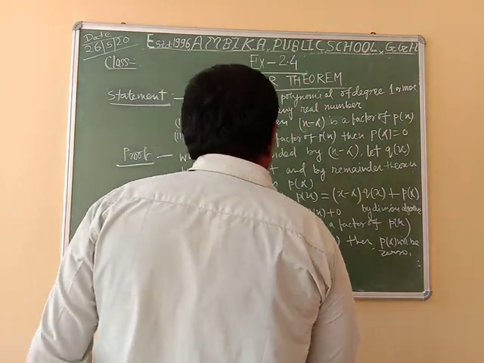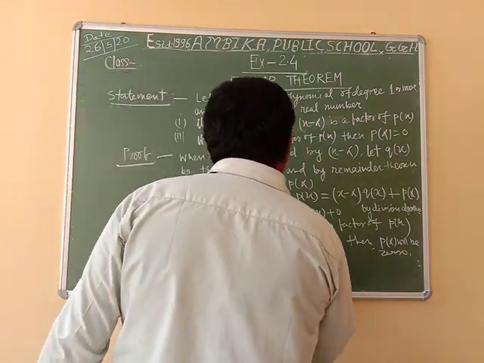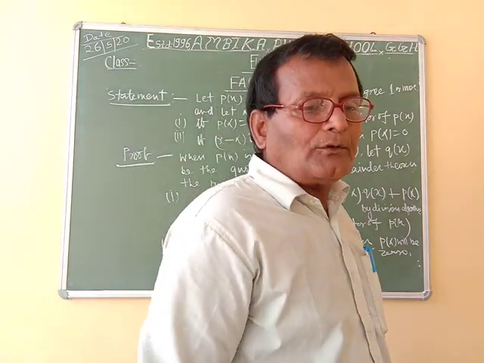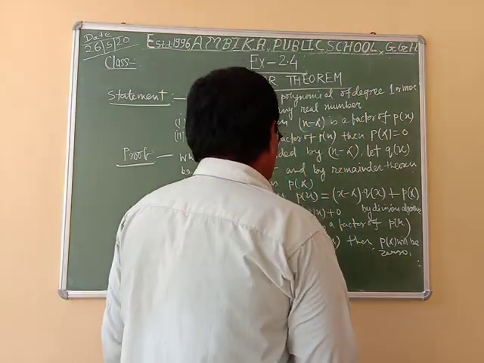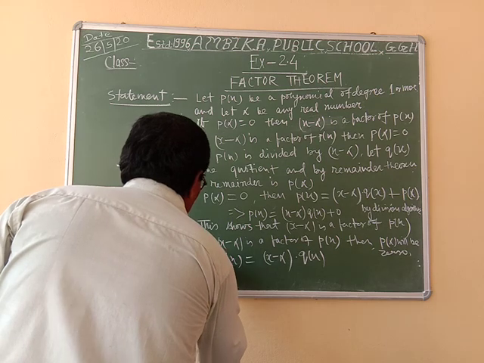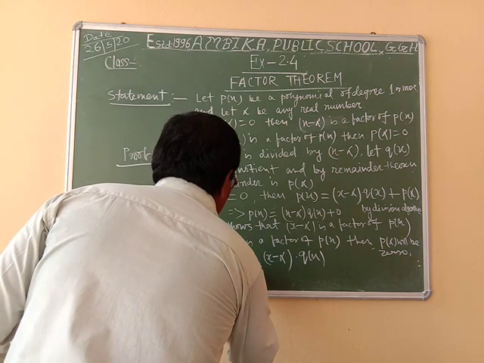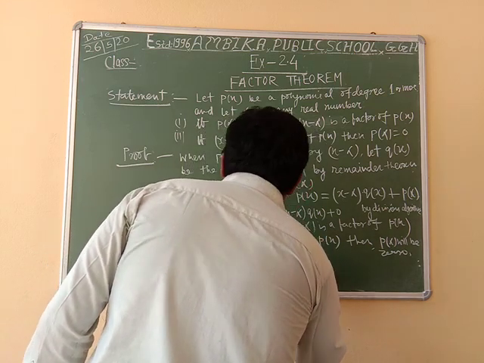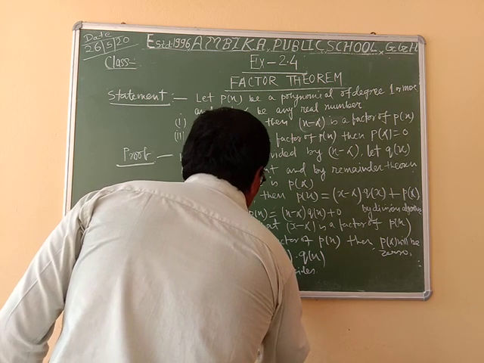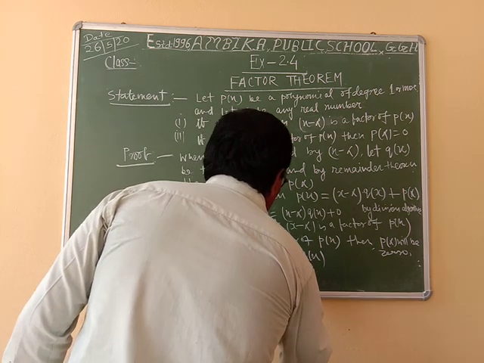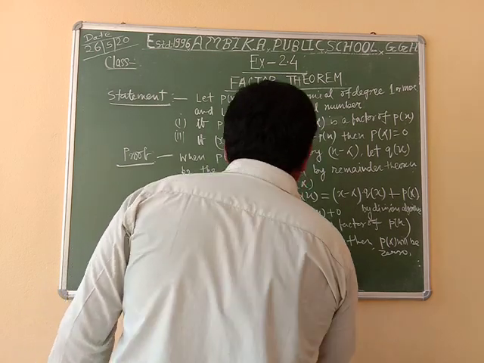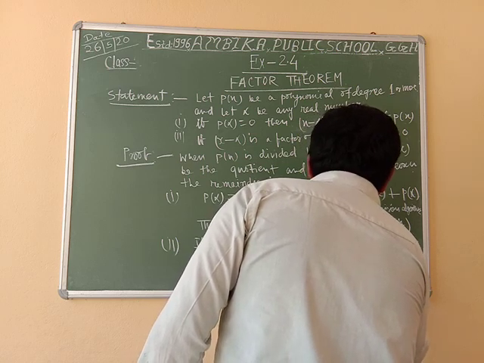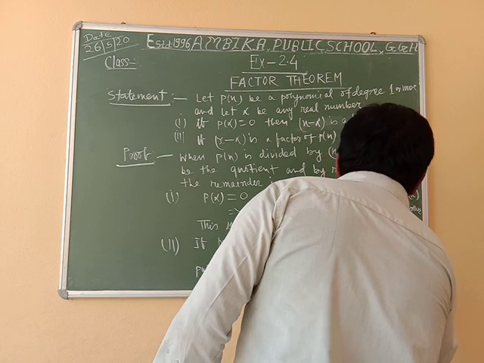Putting x equal to alpha on both sides, P alpha = (alpha minus alpha) into Qx = 0 into Qx = 0.